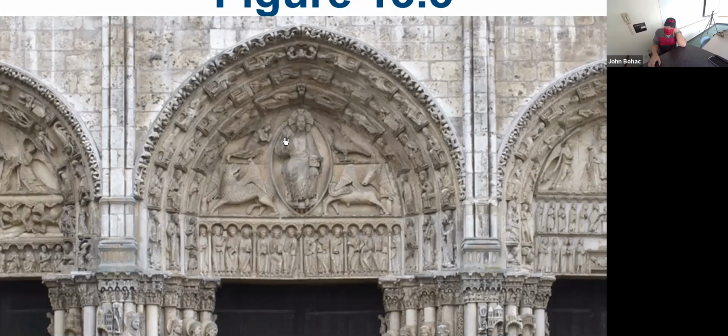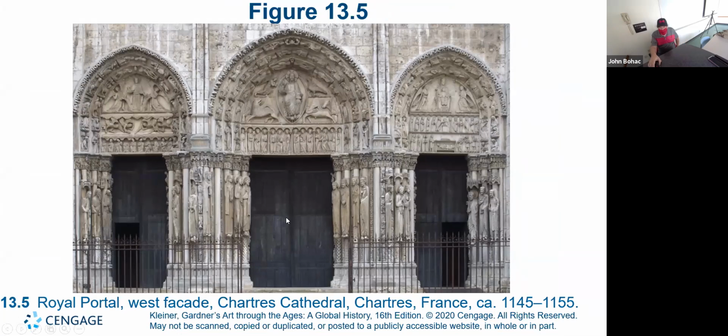He's got the Bible, he's giving a blessing, it's got the cross, halo, he's enthroned, he's royal, and he's center, and he's higher up than all these other figures in this composition. But they hardly leave any space to waste, because everything is carved, everything is decorated. It's all about telling stories.